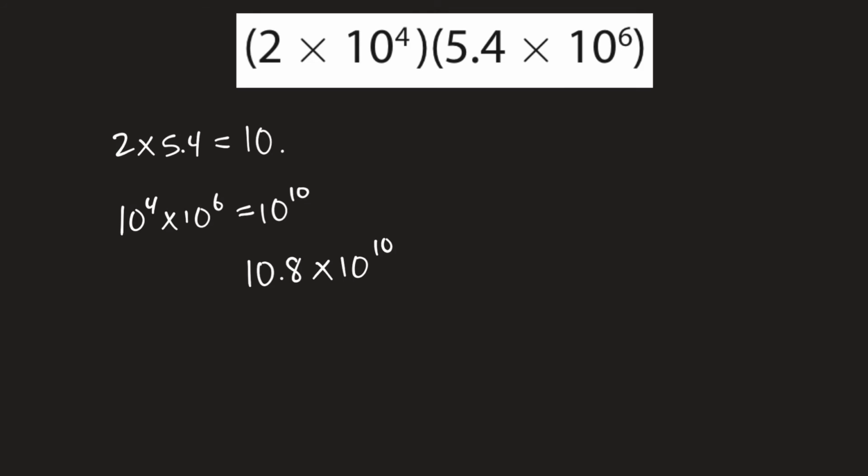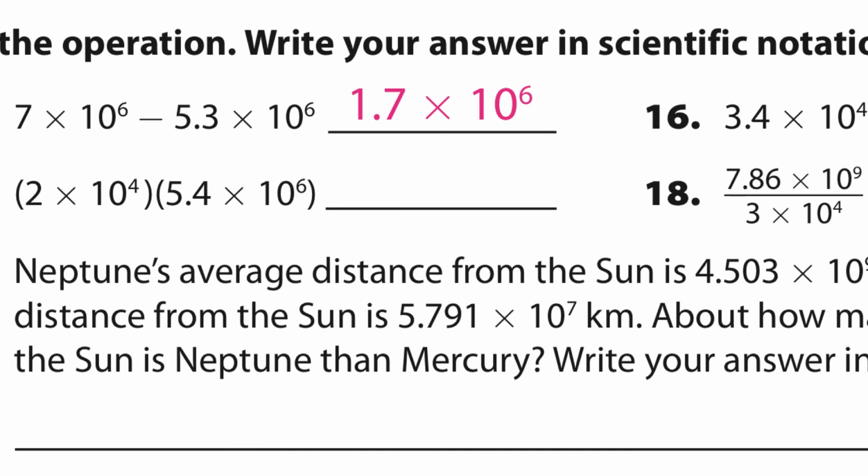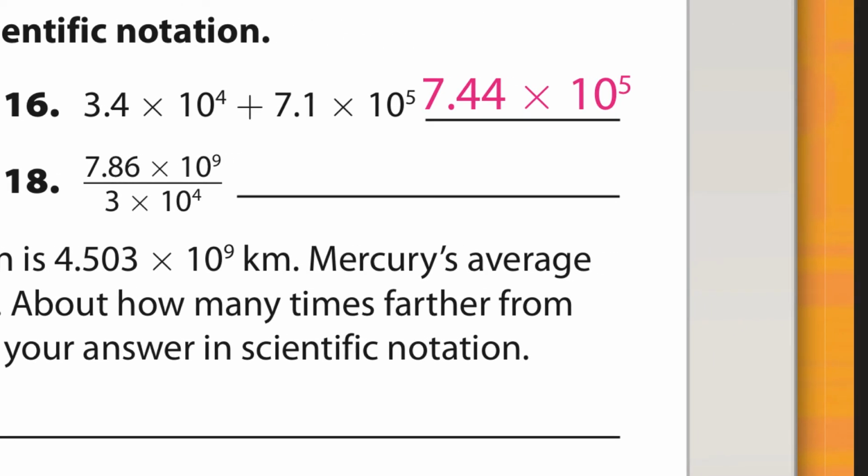So this is equal to 1.08, all I did was move the decimal, times 10 to the 11th now. And let's see how I did. 1.08 times 10 to the 11th. Nailed it.